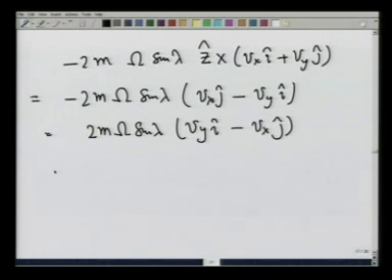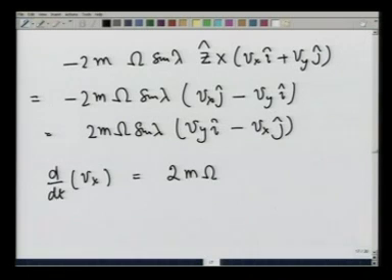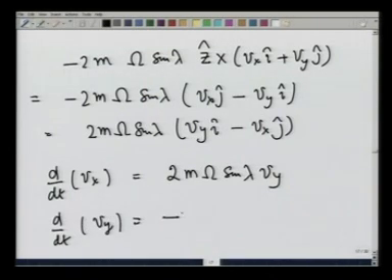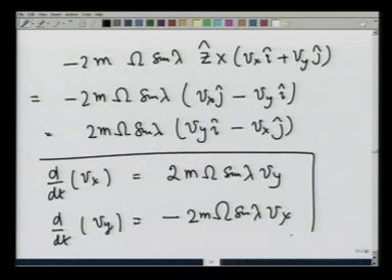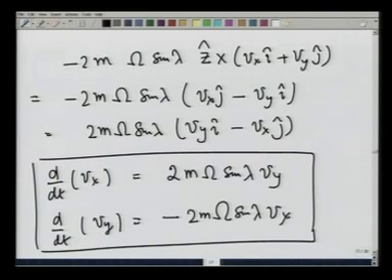And therefore, d by dt of Vx is going to be equal to 2m omega sine lambda Vy, and d by dt of Vy is going to be minus 2m omega sine lambda Vx. This is how the deflection is going to be caused.